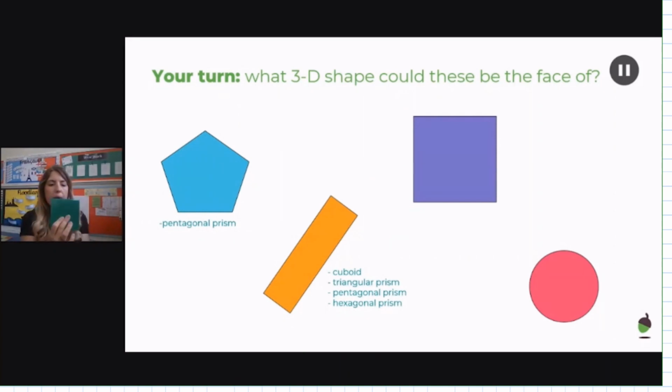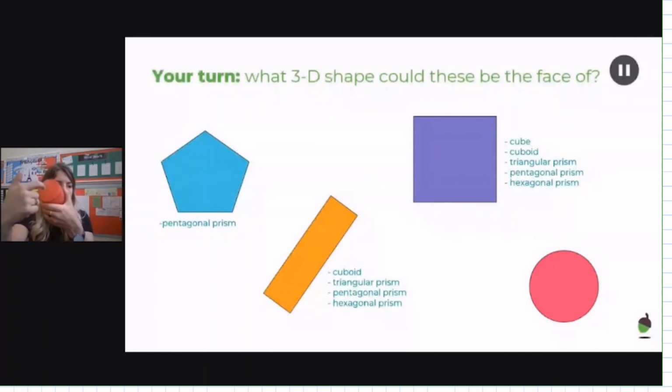That's got 3 square faces. But it could also be, I don't have an example of this, a pentagonal prism, if I squish that down, that could have square faces, and the same with the hexagonal prism. And then finally, the circle, that goes back to our initial shape, that's our 2 flat faces on our cylinder.